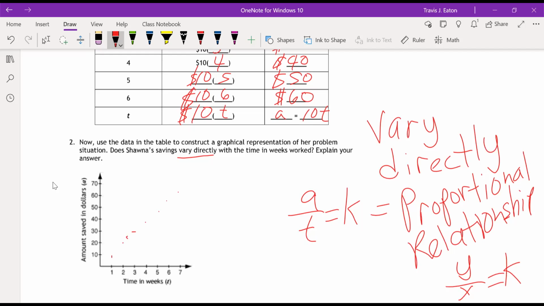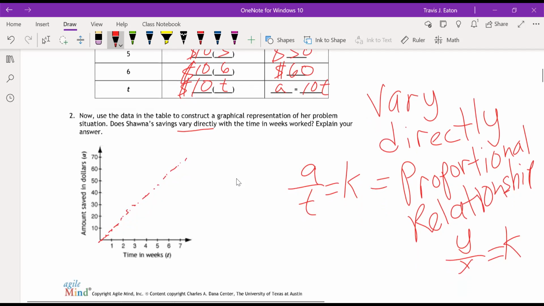If we were to connect all these points with a line, that line, if I had a ruler, would be a straight line that would pass through the origin, because at 0 weeks, she would have had no money in savings. But at 1 week, she had 10, 2 weeks, 20, 3 weeks, 30. And so every time, we can see that there is a proportional relationship.